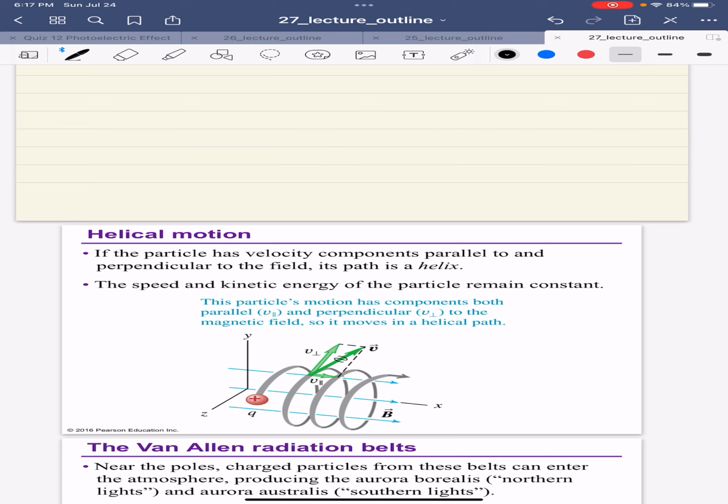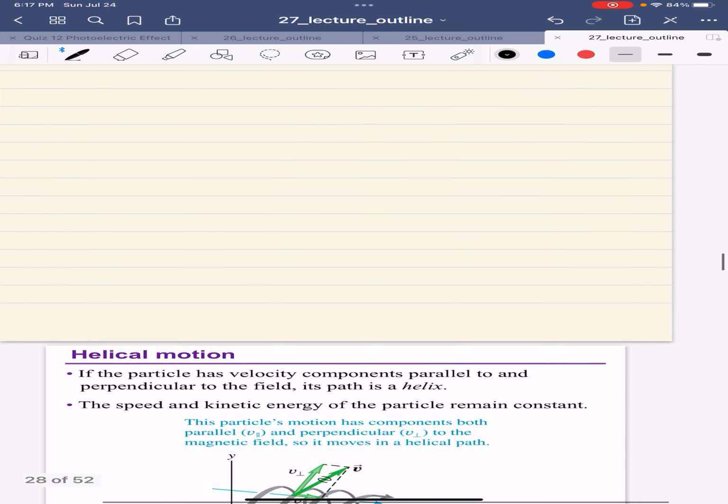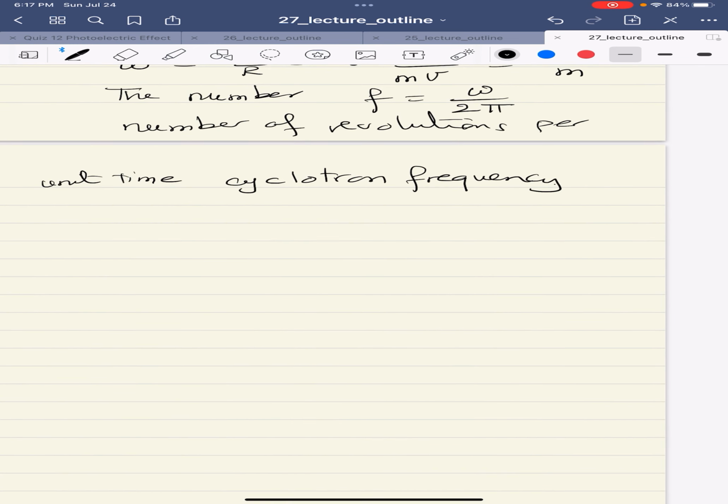Here I have space, so let's introduce a problem-solving strategy here.